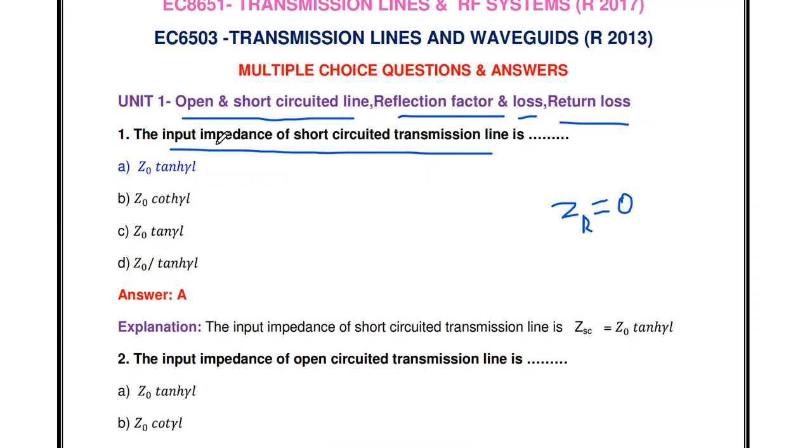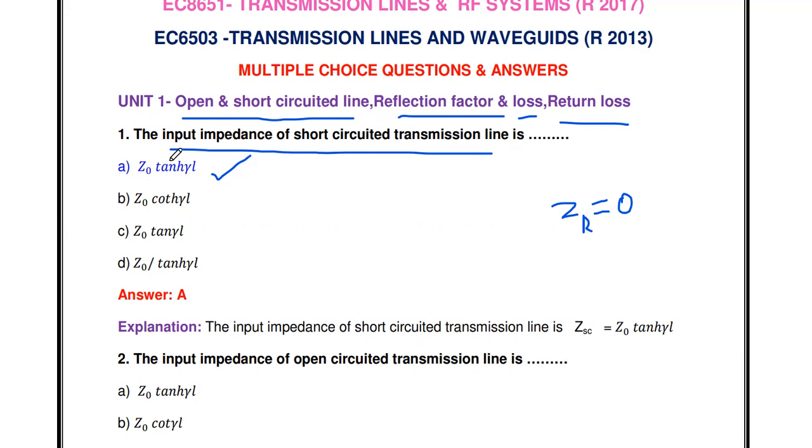At that condition the ZS formula reduces to Z naught into tanh eta L. So this is the input impedance of a short circuited transmission line.